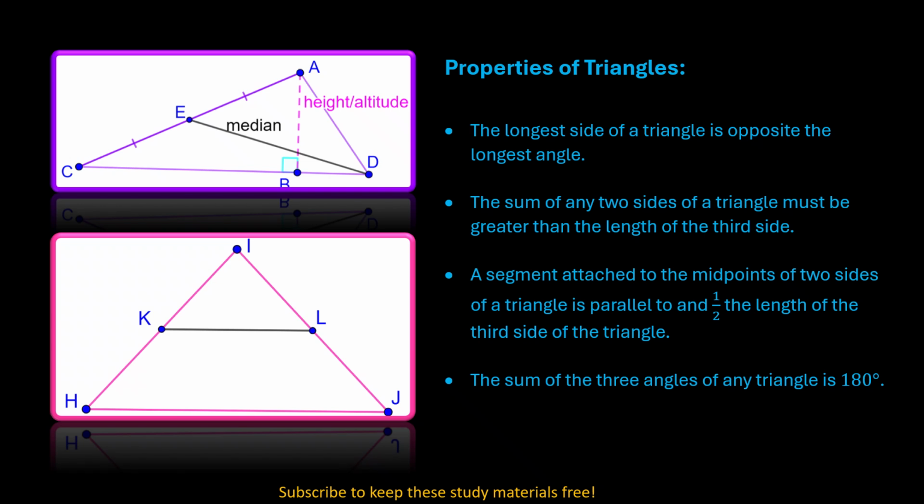That would also mean that IL would be congruent to LJ. Now, there's a lot going on. I have time to mention it in my videos, but that would not be what we would focus on in this video. Now this last one, the sum of the three angles of any triangle is 180. Definitely useful. We have to use that. All right, let's go on to our first problem.